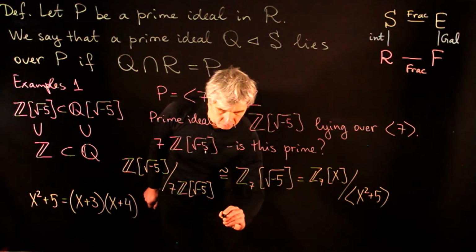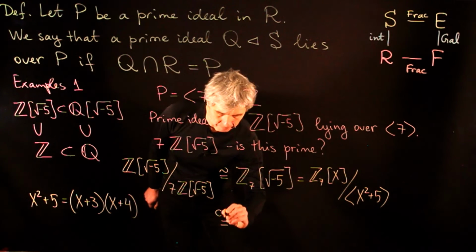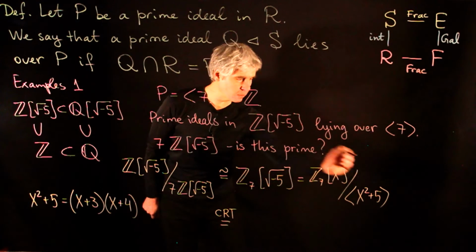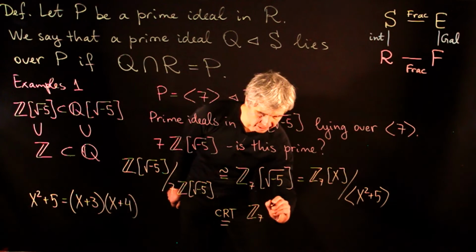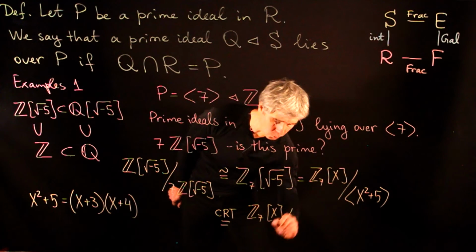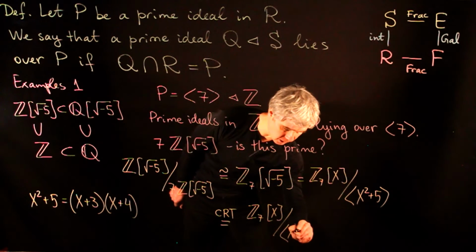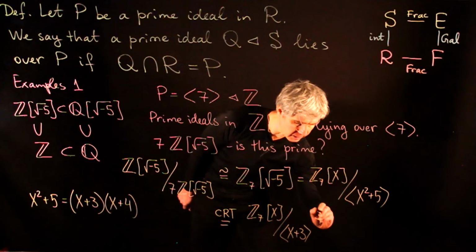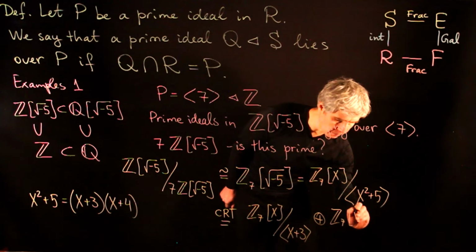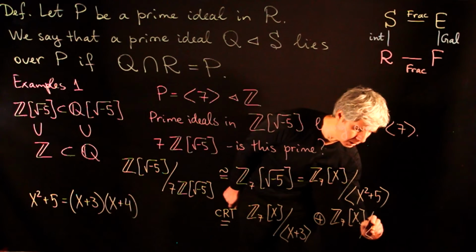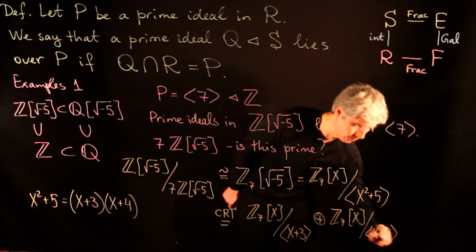Then the Chinese remainder theorem says that this ring is isomorphic to the direct sum of Z_7[x] quotient by the ideal generated by x plus 3, plus Z_7[x] quotient by the ideal generated by x plus 4.